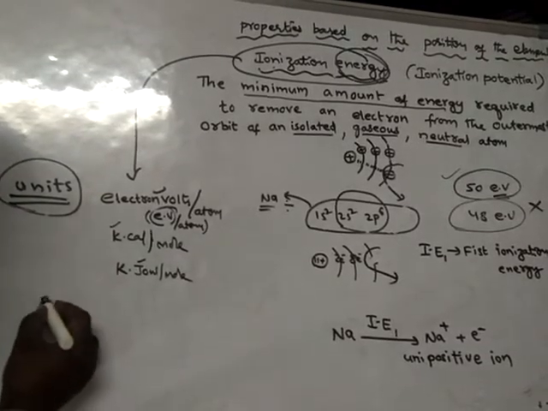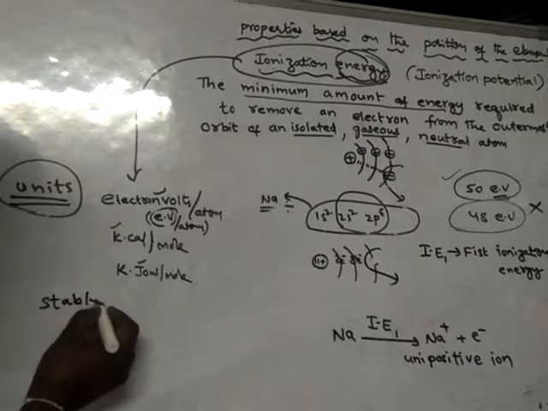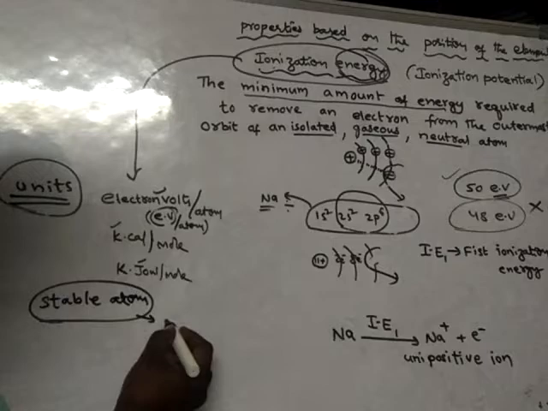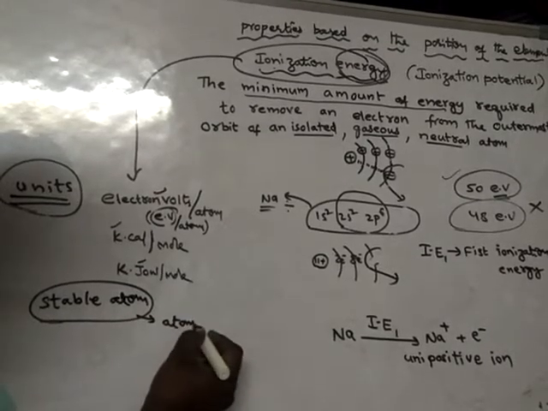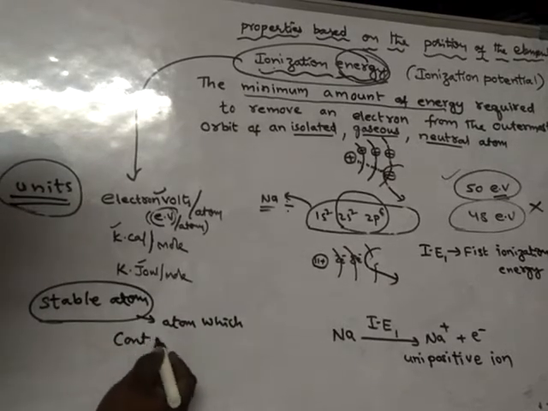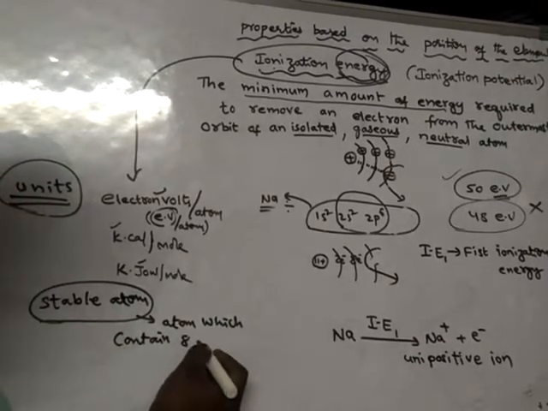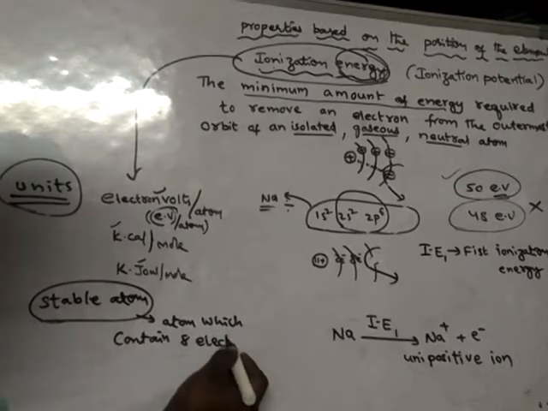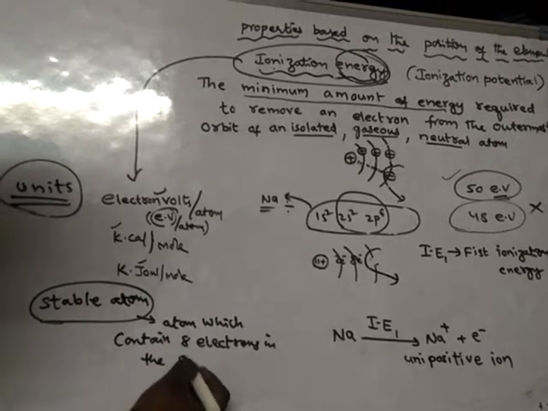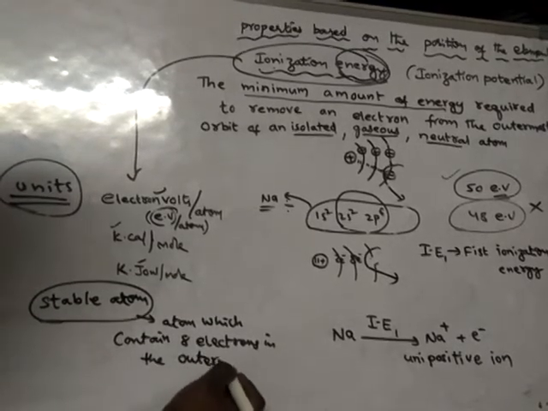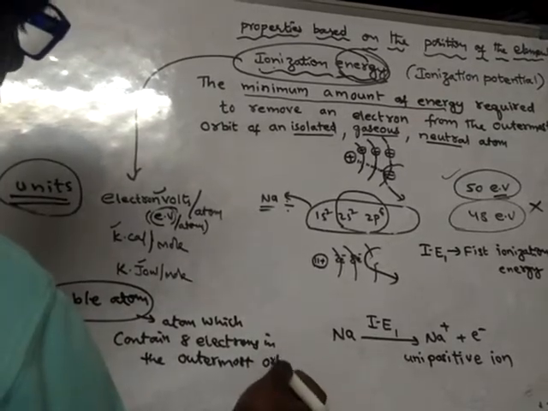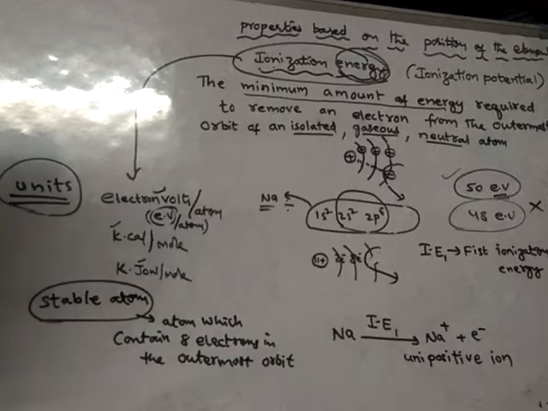A stable atom means an atom which contains 8 electrons in the outermost orbit. If an atom contains 8 electrons in the outermost orbit, then that atom is said to be a stable atom.